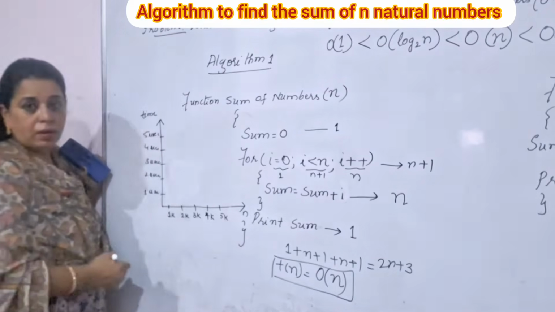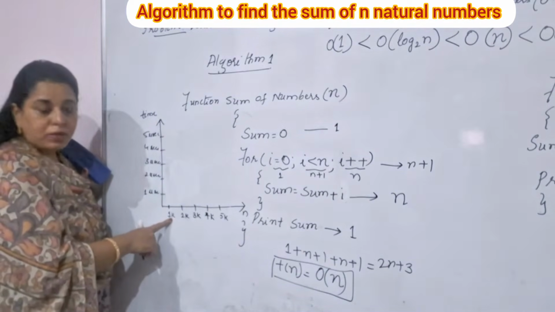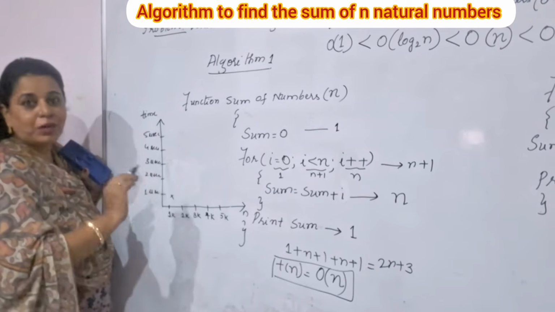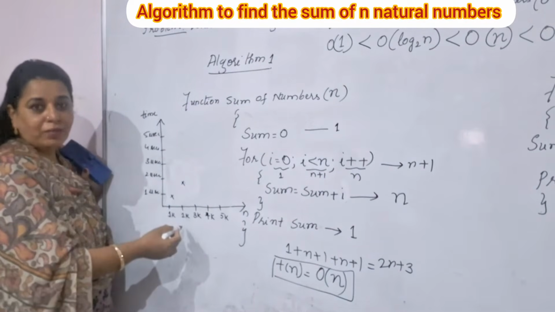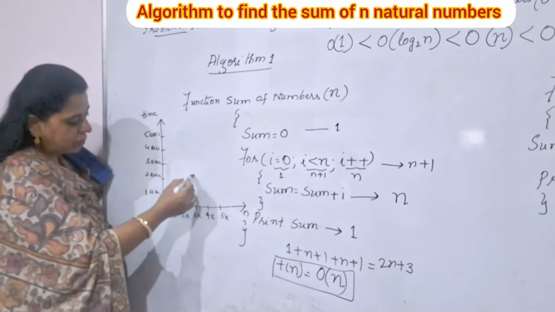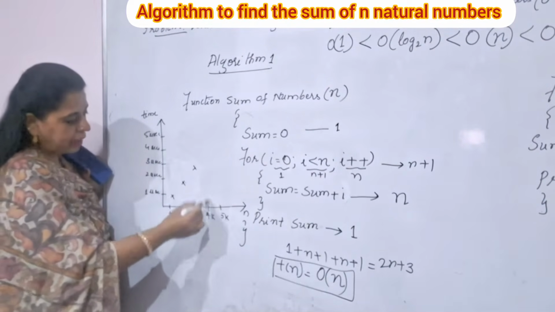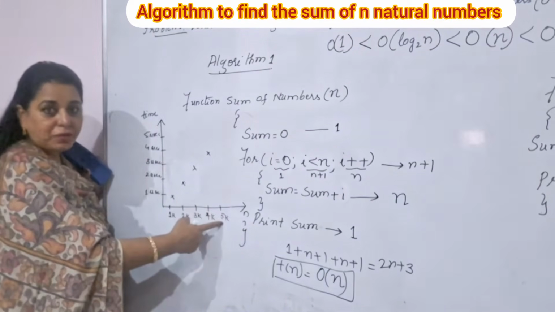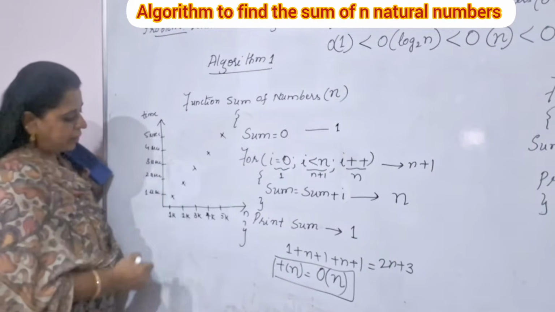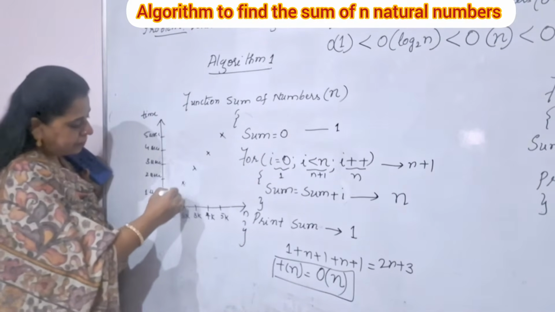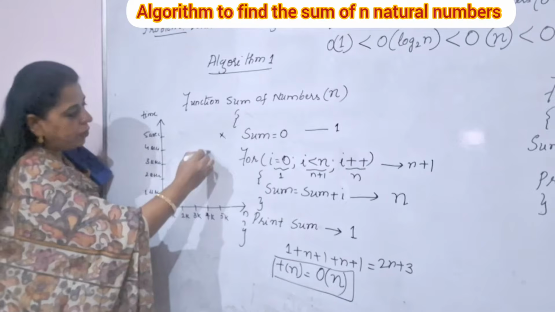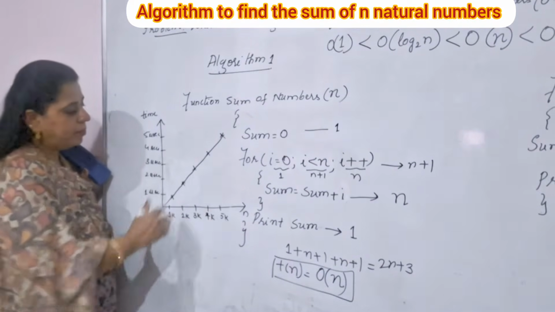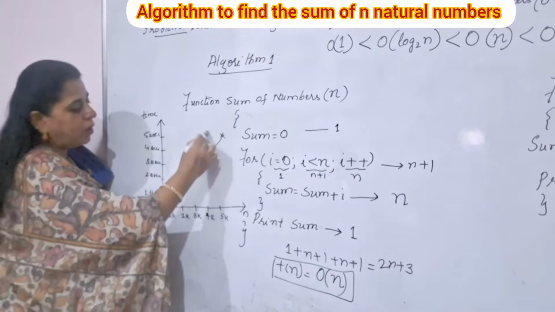When you give an input size of 1k, it gets completed in 1 microsecond. Let us assume this is just an estimation, not an exact value. For 2000 values, it might take 2 microseconds. For 3000 values, 3 microseconds. For 4000 values, 4 microseconds. And for 5000 values, it may take 5 microseconds. When you join these, you get a straight line. This behavior is called the linear behavior of an algorithm, and the time complexity is order of n.